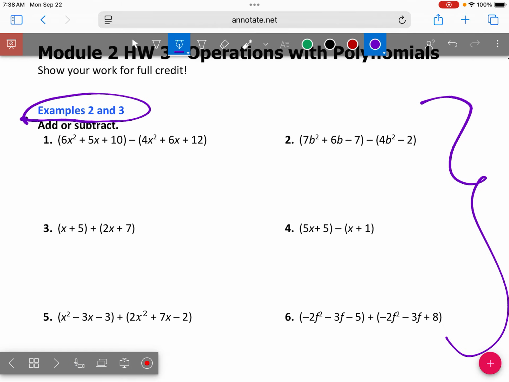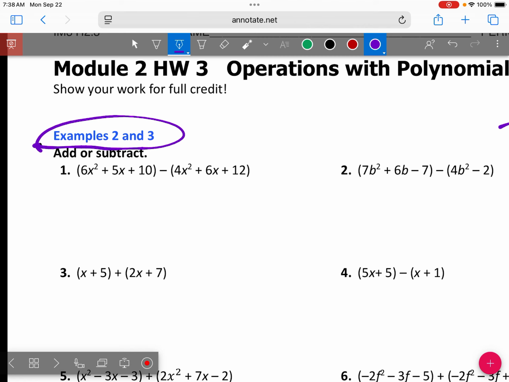So for addition, you don't have to do anything, but for subtraction, for example, number 1, let's work through that one together. You will have that first parentheses does not change. But every time you see a subtraction, you have to flip the sign of everything that comes after that.